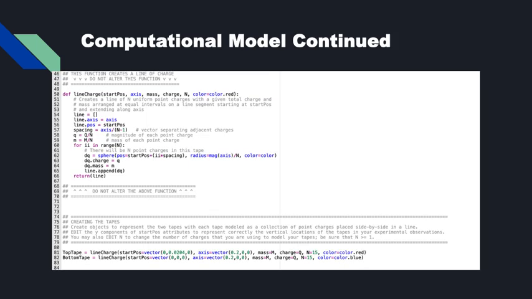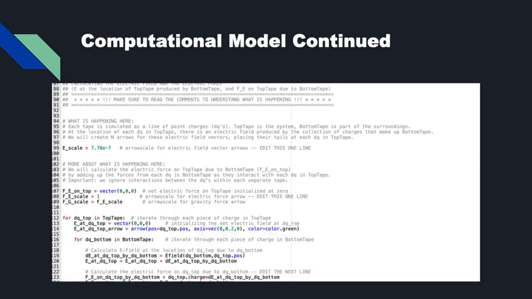Here's my second part of the code. Defining the line of charge, as well as creating the two pieces of tape, which were represented by the little point charges. Here's the third part of my coding.